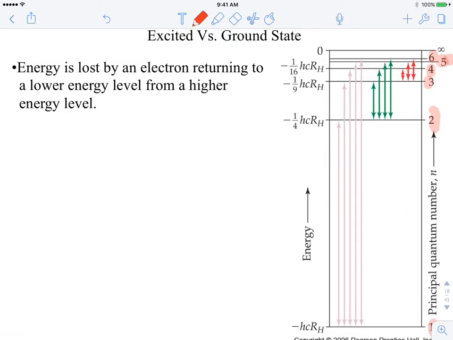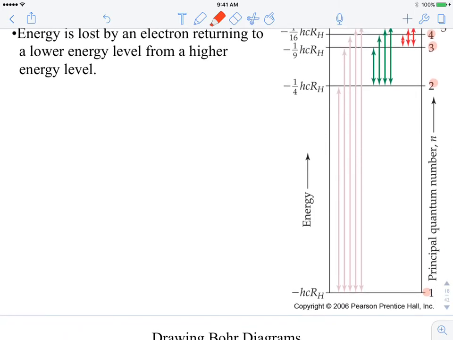What you can see is what I highlighted over here, and I'll unhighlight it now and re-highlight it again. Each of these energy levels, these orbits, corresponds to energy. Between the first and second energy level, there is a huge energy gap.